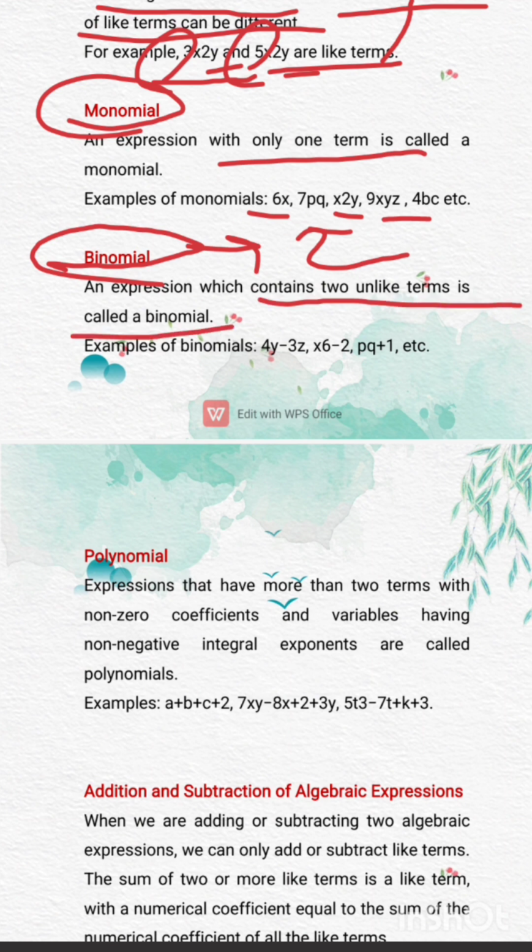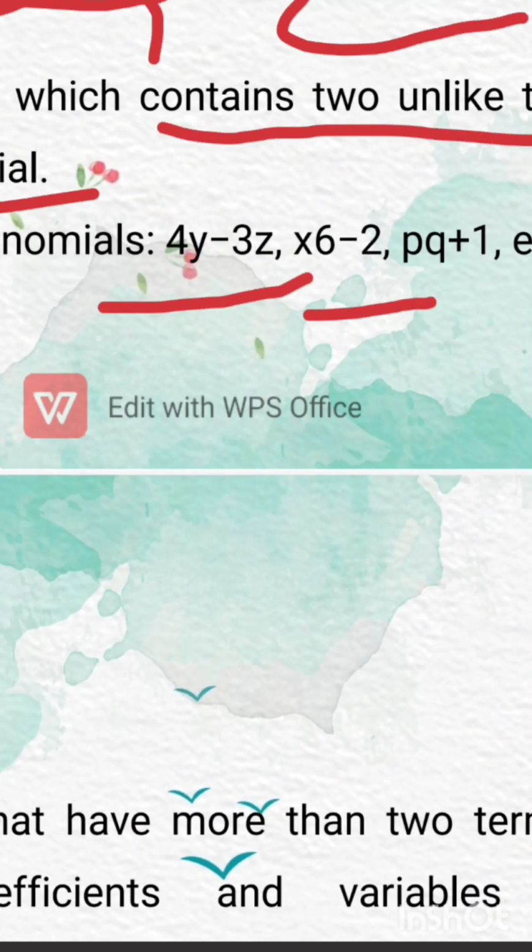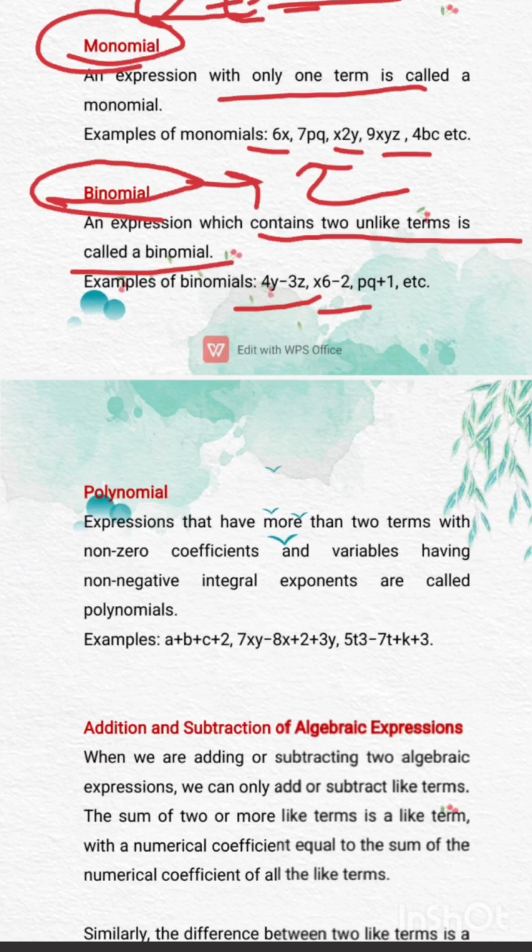For example, 4y minus 3z, x to the power 6 minus 2, pq plus 1. So they are having two terms, and here students you can see that the terms are separated by plus or minus. So in the first we have 4y, the second is minus 3z.